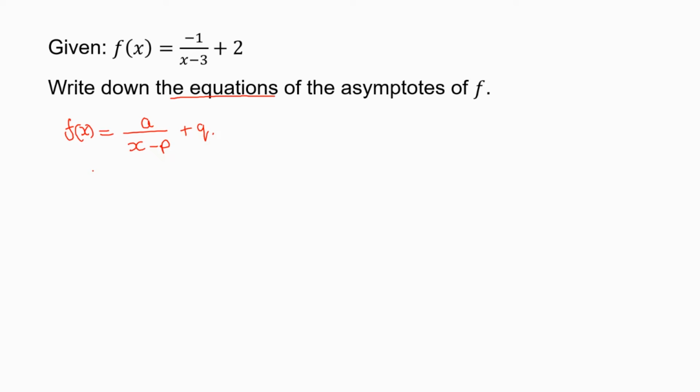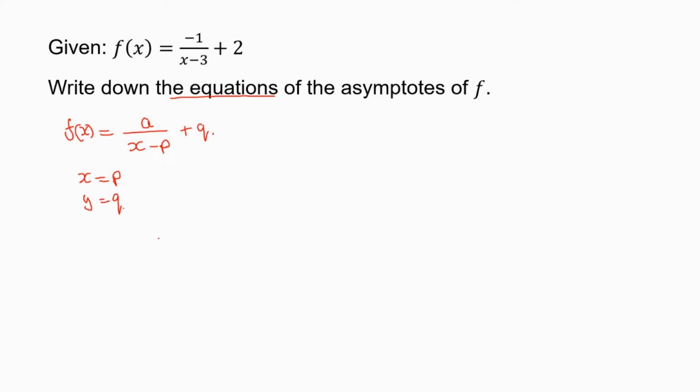So it means here it is going to be x is equal to p. Take note, here you said negative p, but here it is positive p. You see that? But q maintains the sign for the horizontal asymptote: y is equal to q.